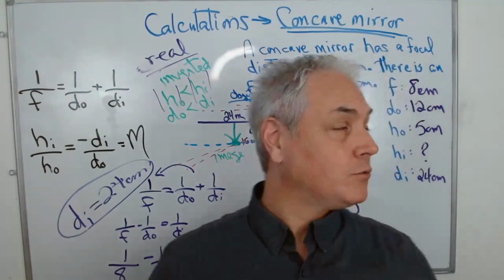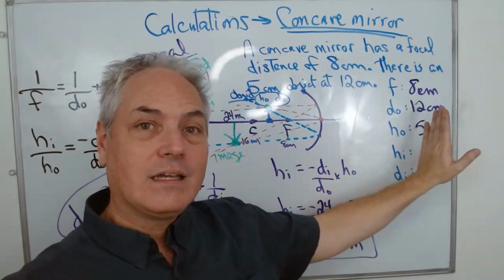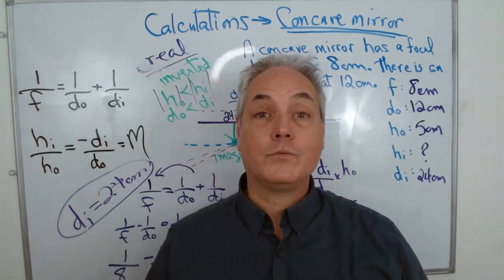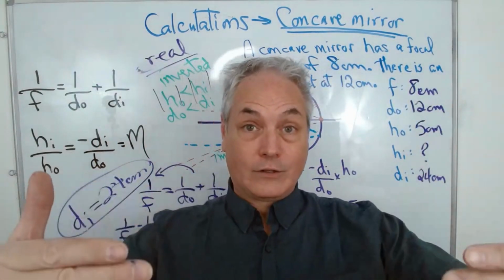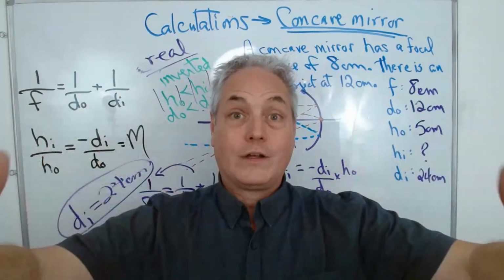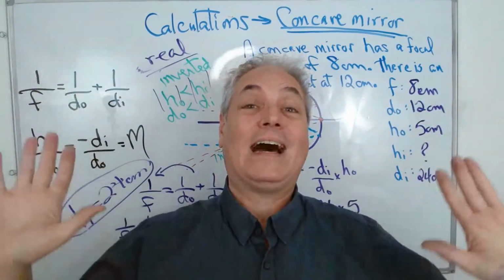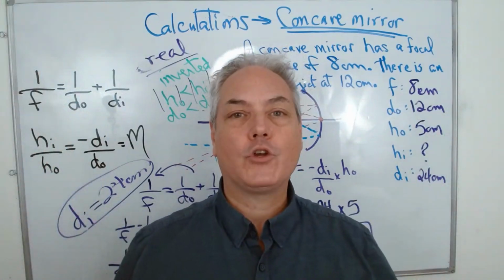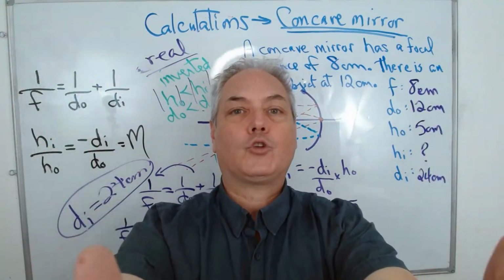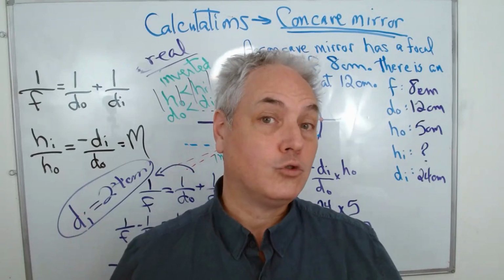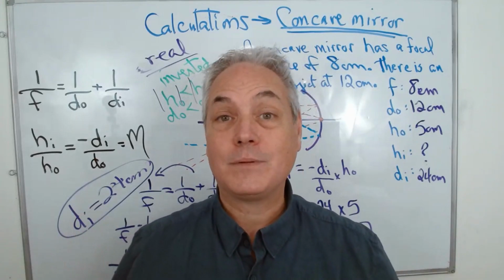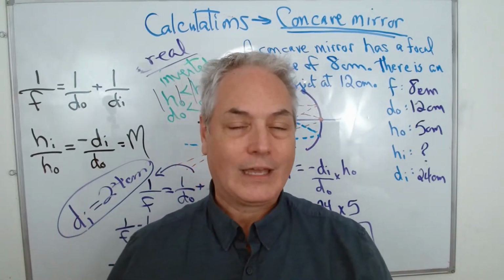A virtual image would be behind the mirror. So if you go into the washroom, for example, and you look at yourself in a mirror, you know that you are in front of the mirror and your image will be inside the wall or behind the mirror. There's no way for you to go behind the mirror to put a screen and do a projection. So that's a big difference between a real image and a virtual image.